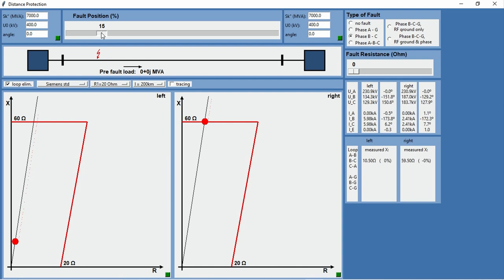That means only in the center part from 15 to 85, both relays will trip the fault. What you can also see, if you add some fault resistance, it moves out a little bit to the right, and we will discuss that a little bit later. So that was a look into the simulation.